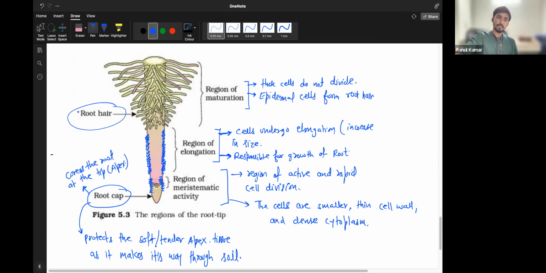What is the function of root hairs? What do you think all these root hairs are doing? Aisha, can you think of any function that these root hair are providing to the root?